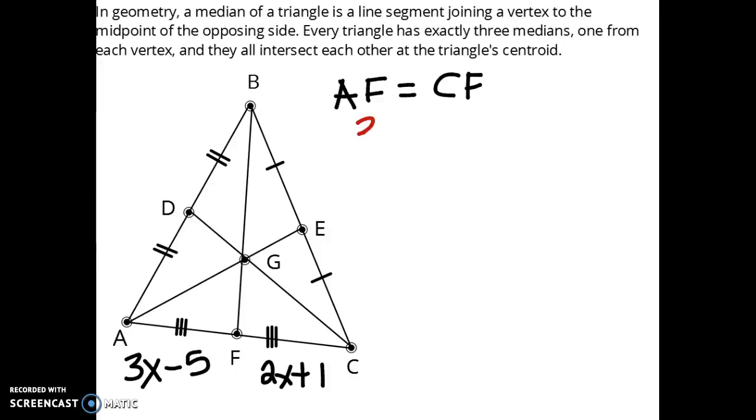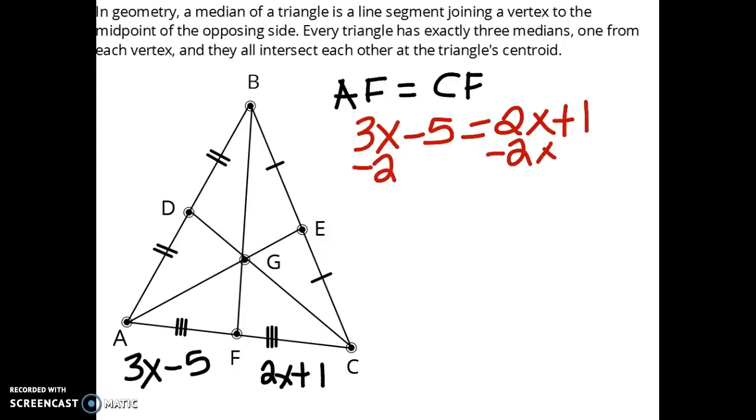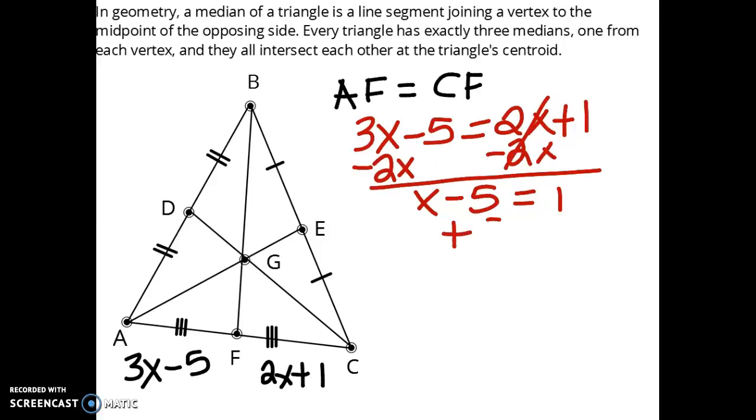So that means 3x minus 5 is equal to 2x plus 1. Now I'm going to solve for x. So in this case, x is 6.